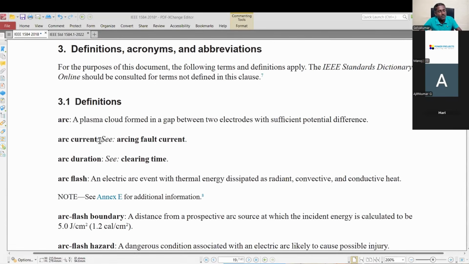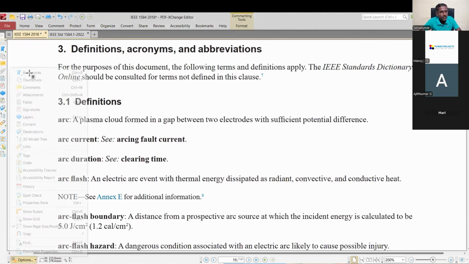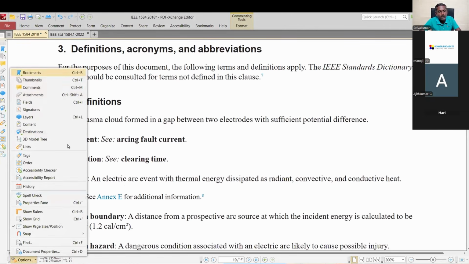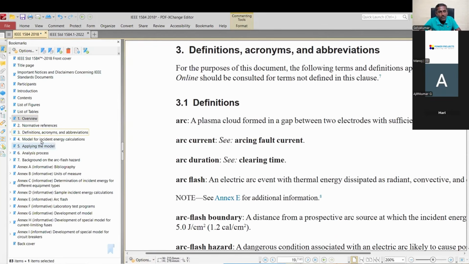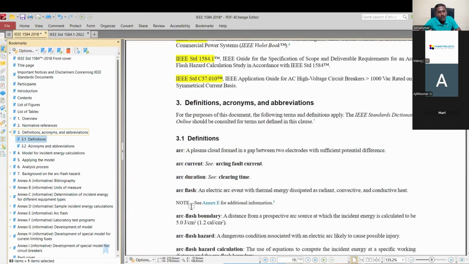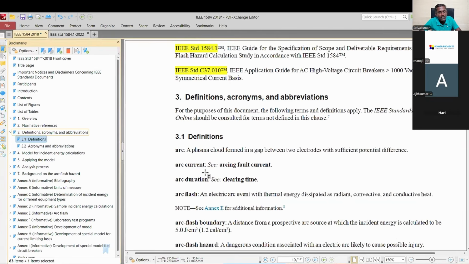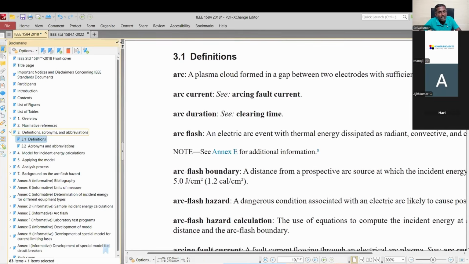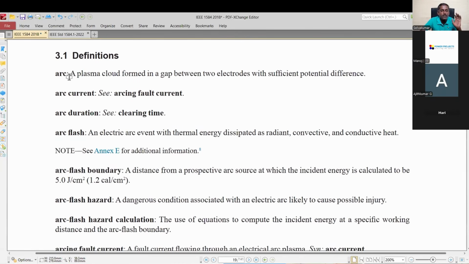So there are some general definitions which are given. We are in section 3. General definitions: what is arc, what is arc current, what is arc duration, what is arc flash, what is arc flash boundary, arc flash hazard, all those things are given. What is arc? Arc is a plasma cloud formed in the gap between two electrodes with a sufficient potential difference.